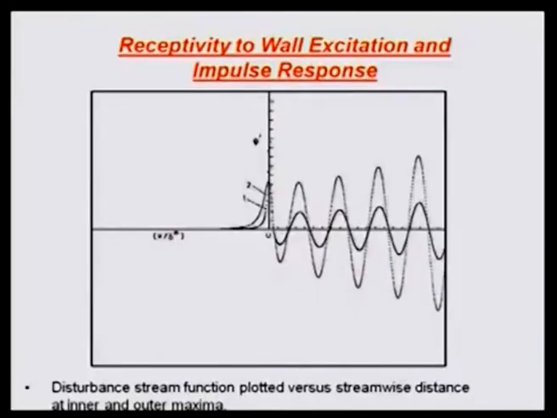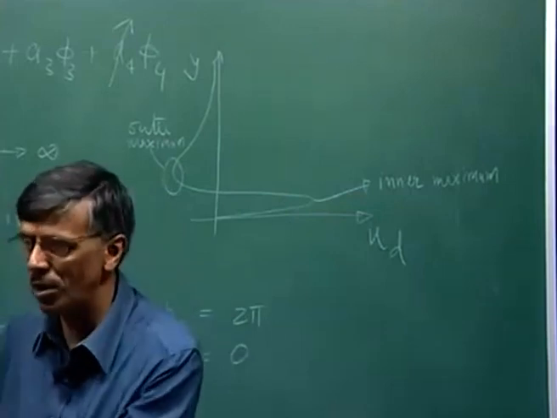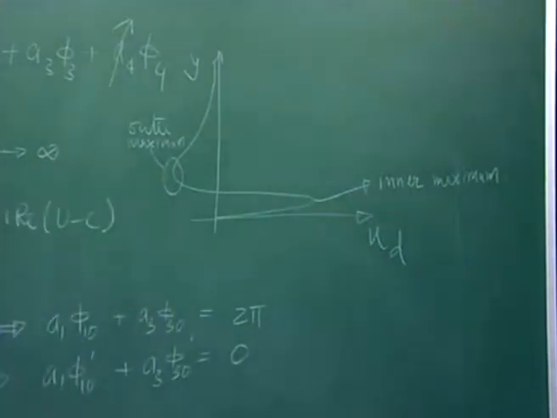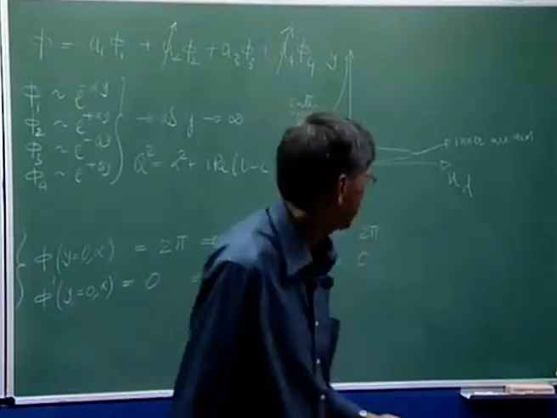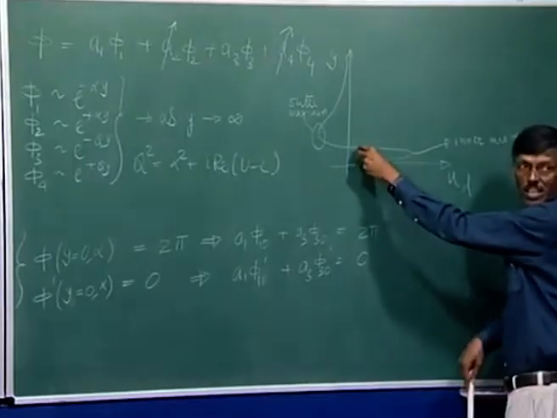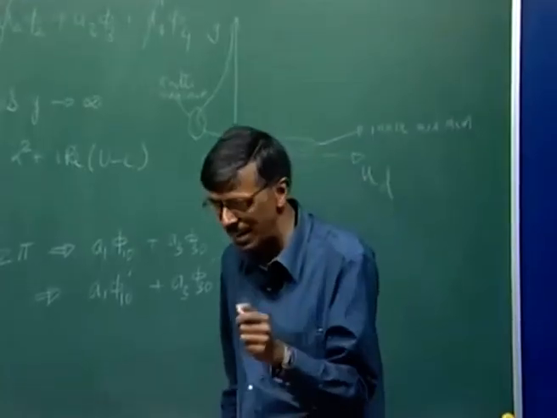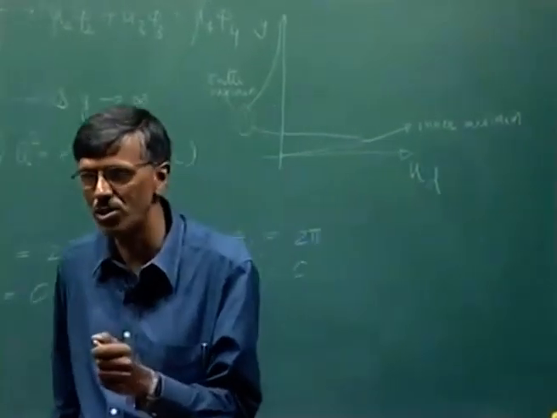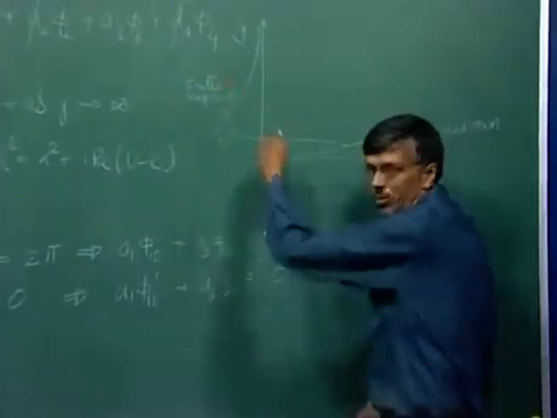But what happens is, this is very narrow, and if you are trying to do a measurement, if you are an experimentalist, it is rather difficult. If you miss it, if you are slightly off, the signal will not be there, right. So, tracking the inner maxima exactly is not a very straightforward issue. So, experimentalists like to focus on the outer maximum.